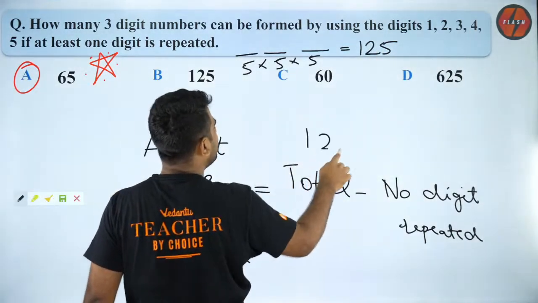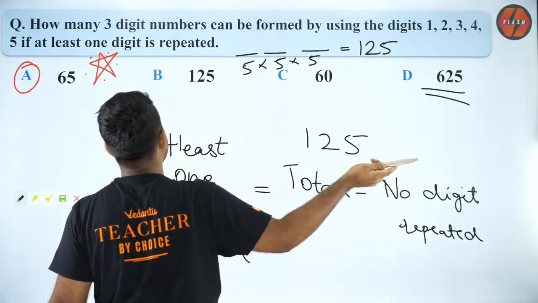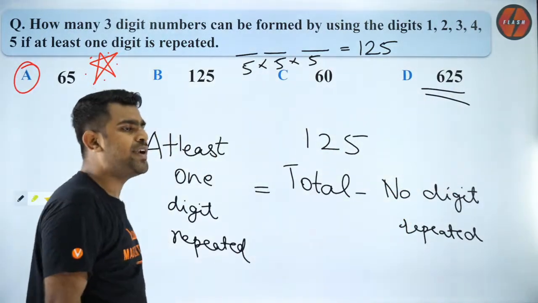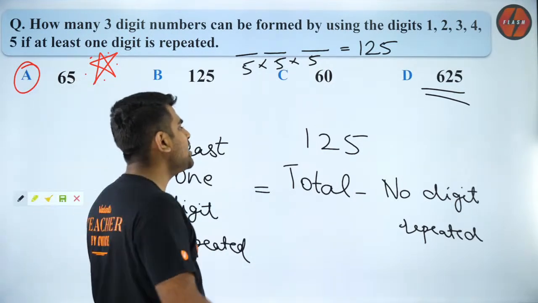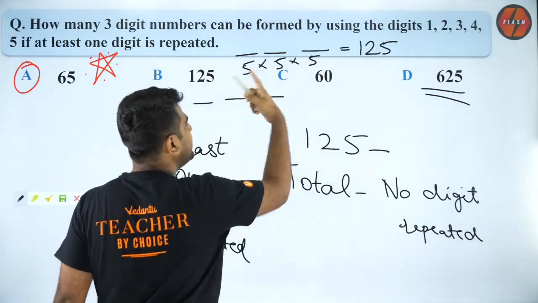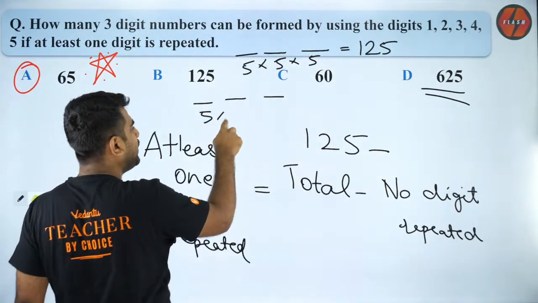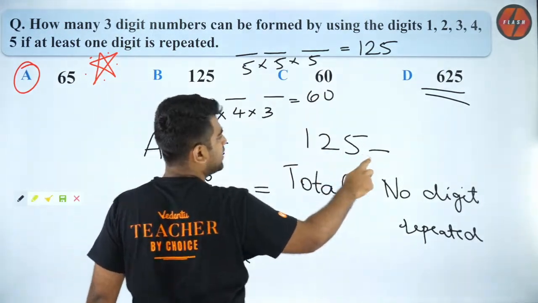Who was saying D? How can it be possible? It can never be more than 125. Okay. Minus no digit repeated means all the three are distinct. So 5 into 4 into 3, 60. So answer is 65.